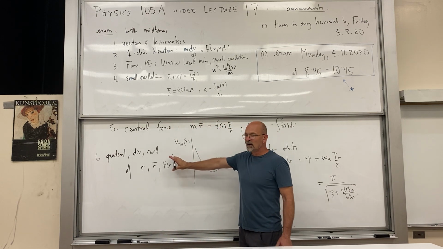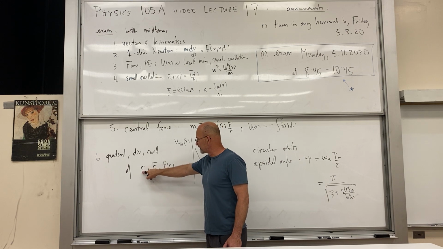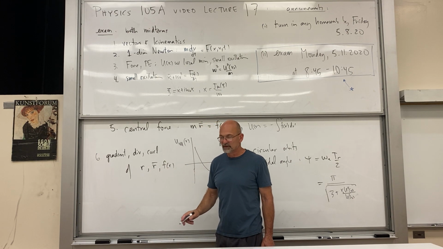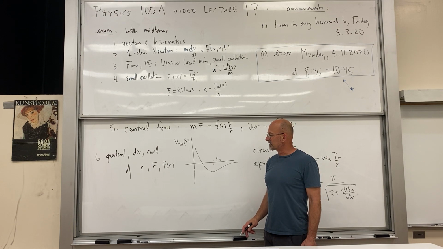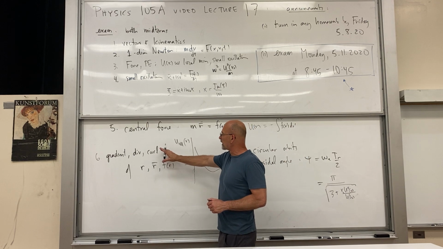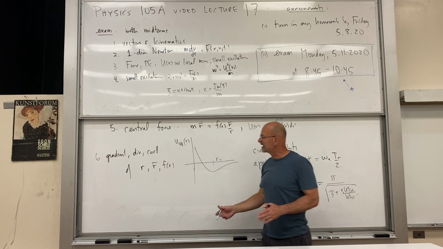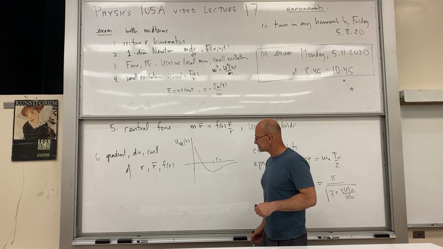Of those types of scenarios, you get the vector, you've got its magnitude, you've got a function of the magnitude. We did some of that on the homework, and in class I showed a bunch of that as well. Those are skills that go with the central force problem, and they lead into the many body stuff that we're going to do next semester.